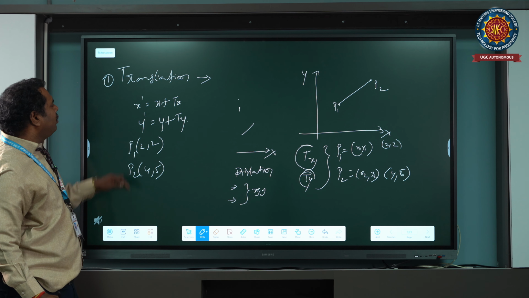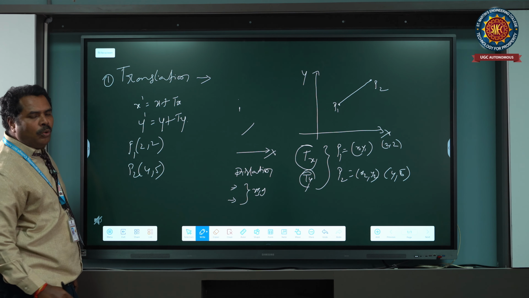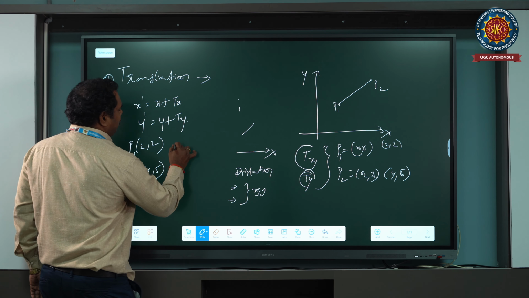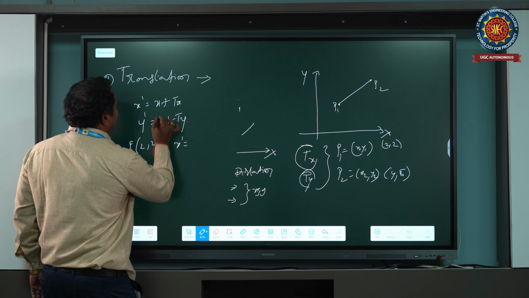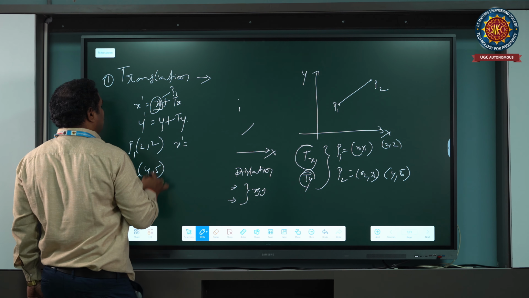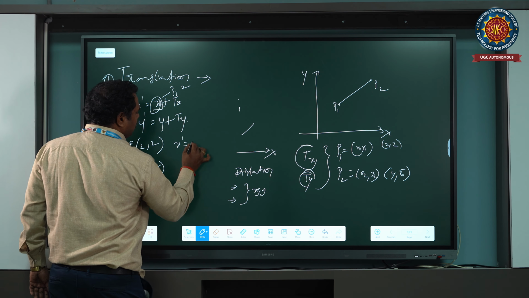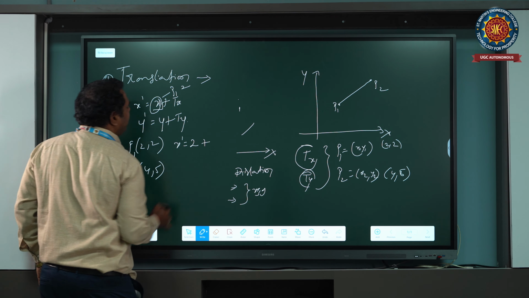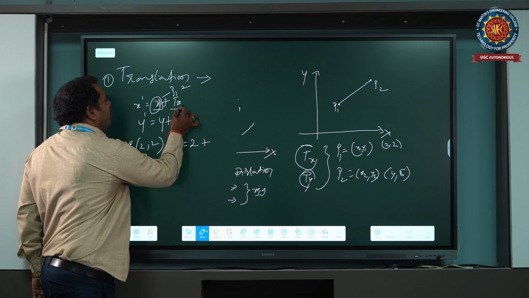Here we need to find the new x bar value and y bar value. The new x bar value equals the x value; in P1 bar the x value equals 2. Then next you need to identify Tx.